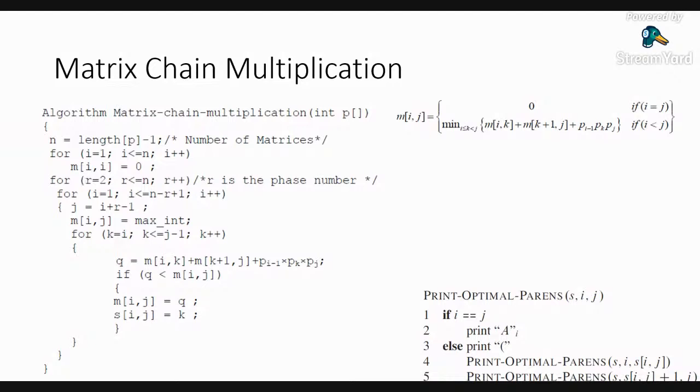Here, we are not actually multiplying. We are just computing the optimal sequence of multiplication, so that if we perform multiplication in that sequence, we have the minimum number of scalar multiplications, because multiplication is a very costly operation, and here the fundamental operation is multiplication. So basically, we are interested in minimizing the number of scalar multiplications with the help of this dynamic programming approach.